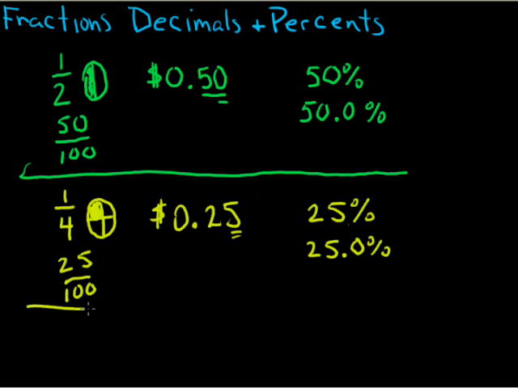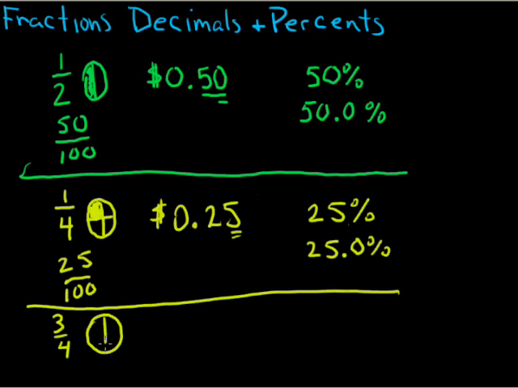Let's move on to something almost as simple. 3/4. We can go a little faster now. 3/4 means you don't have 1/4. You don't have half of a dollar, which, a half is the same as 2/4.